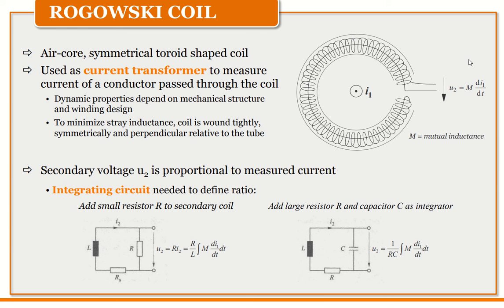Secondary, the voltage U is proportional to the measured current. An integrating circuit is needed to define the ratio. So this is the type of integrated circuit, with a small ratio to the secondary coil, and at large ratios, a resistor and capacitor act as an integrator.